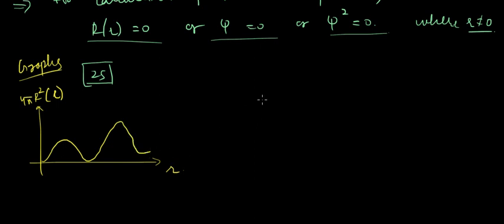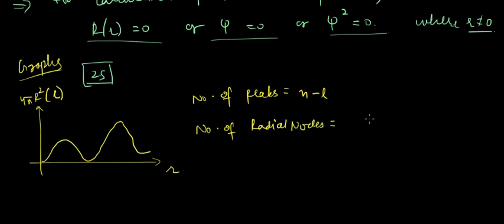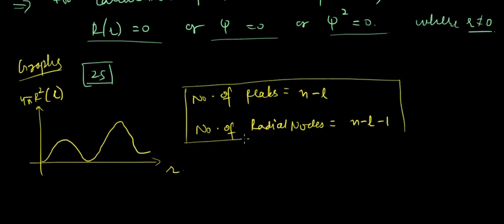Okay, so number of peaks would be n minus l, and number of radial nodes would be n minus l minus 1. Okay, so this is positive, this is positive, so need not write positive here, it's implicit. So this is the radial node. We have already seen the formula for calculation of radial node. So for 2s it would be 2 minus 0 minus 1.